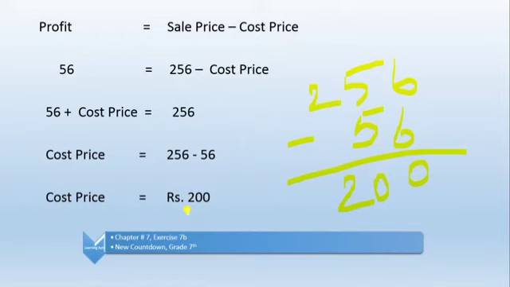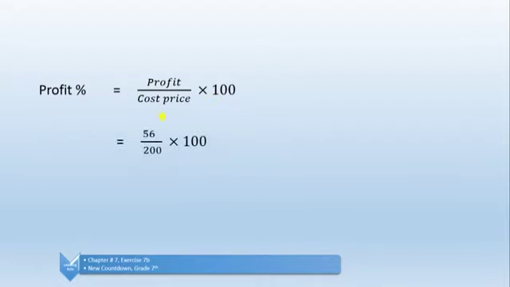Next we will have to find the profit percentage. Let's see how to find it. To find the profit percentage, we will use this formula: profit percentage is equal to profit divided by cost price multiplied by 100. So the value of profit is 56 rupees and the value of cost price is 200 rupees, multiplied by 100.